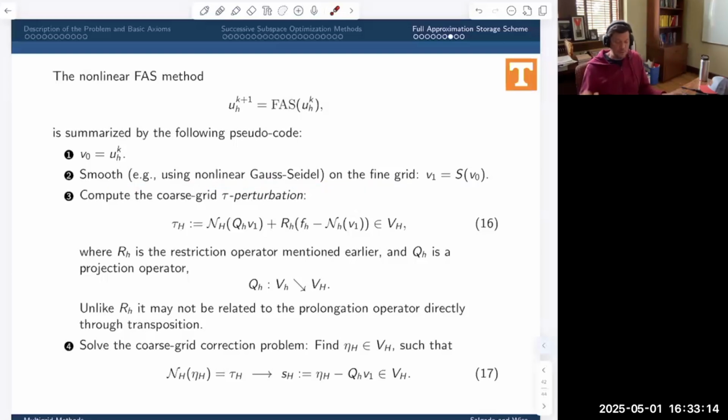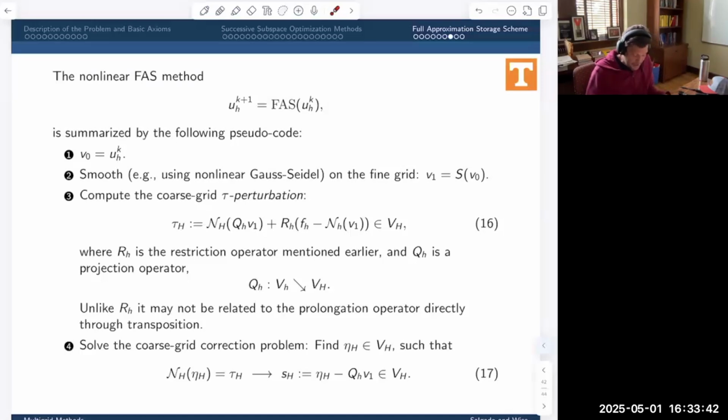Not a huge problem. The problem is when we go to calculate the residual and then the coarse grid correction, there's no real way to do this anymore because we no longer have this equivalence between the original problem and the residual equation. It's a broken equivalence. So to do this, we have to calculate first this weird, strange object called the tau perturbation.